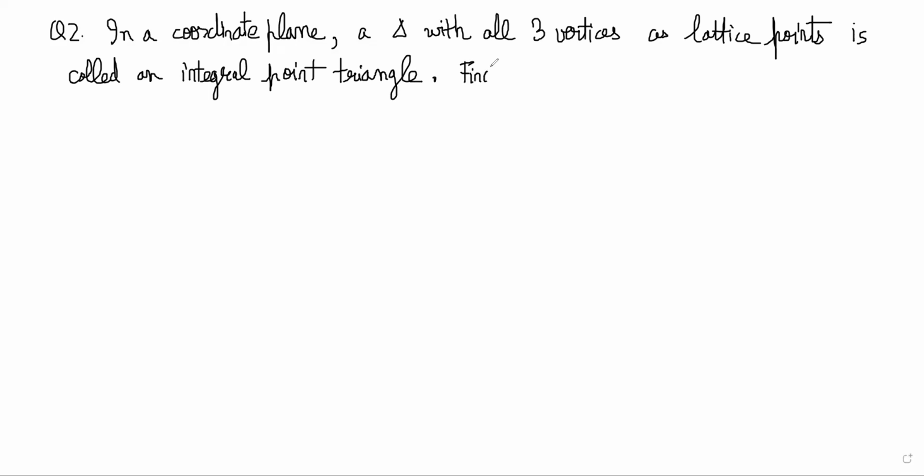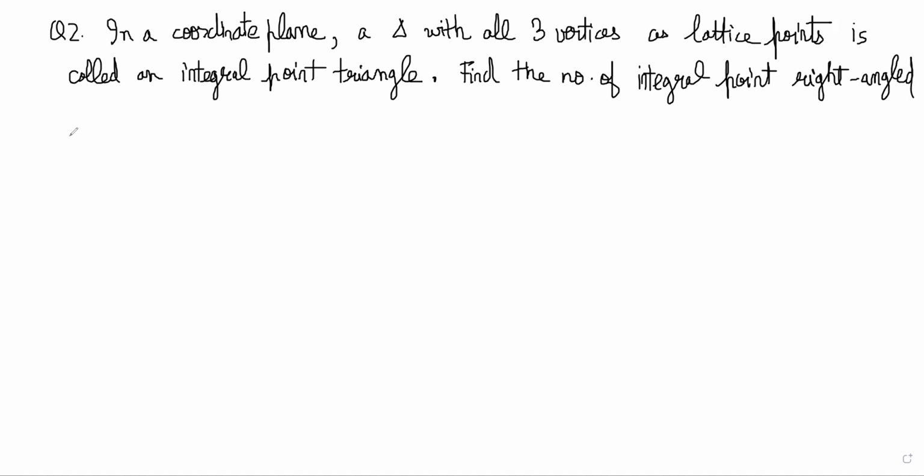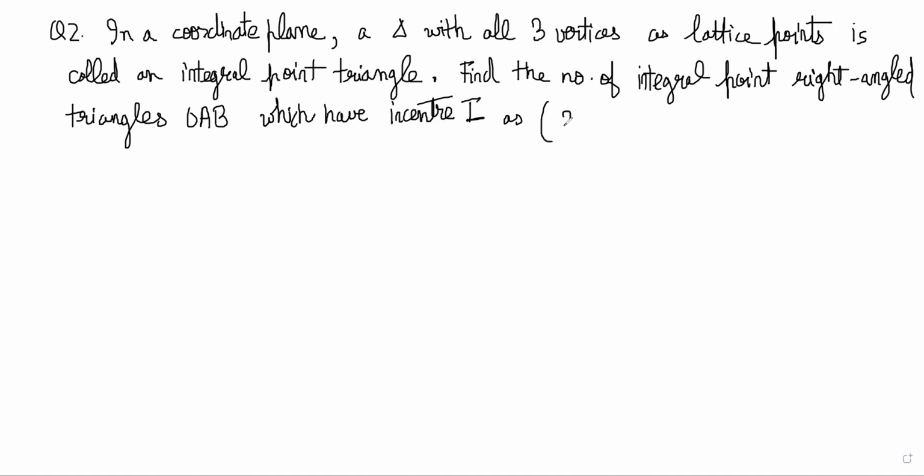Now the question is, find the number of integral point right angled triangles OAB which have incenter I as (2015, 7 times 2015), O as the origin, and the right angle, where O is the right angled vertex.